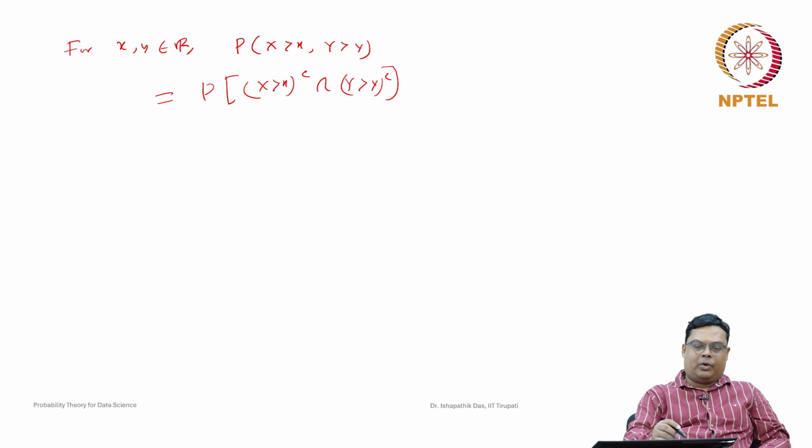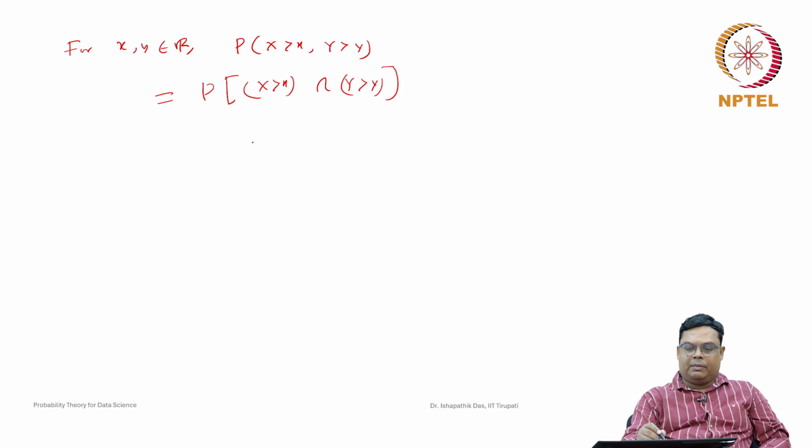So, for all x, y belonging to the real numbers, the probability that X greater than x, Y greater than y is 1 minus, sorry, this will be nothing but X greater than x intersection Y greater than y.